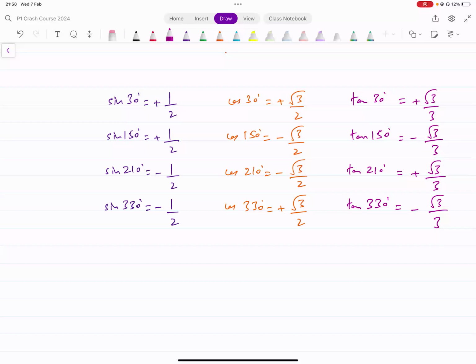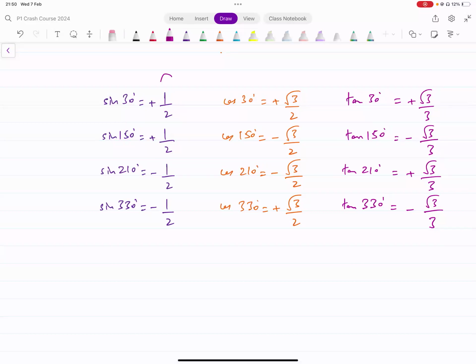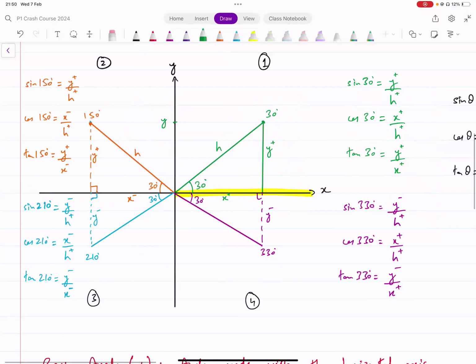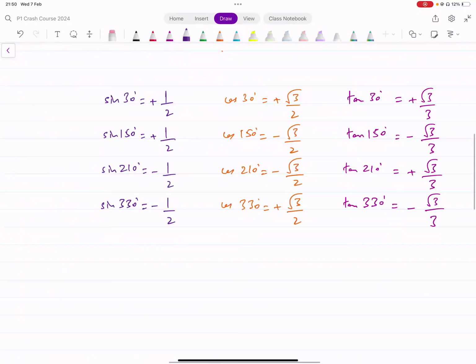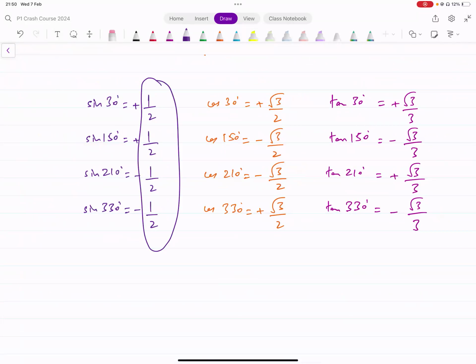Now, why are we getting the same number in terms of magnitude? The reason for that is that the basic angle for all of them is the same. And the magnitude of this ratio is decided by that basic angle.